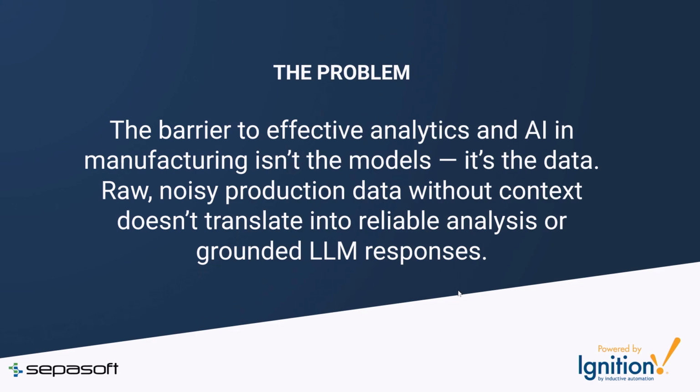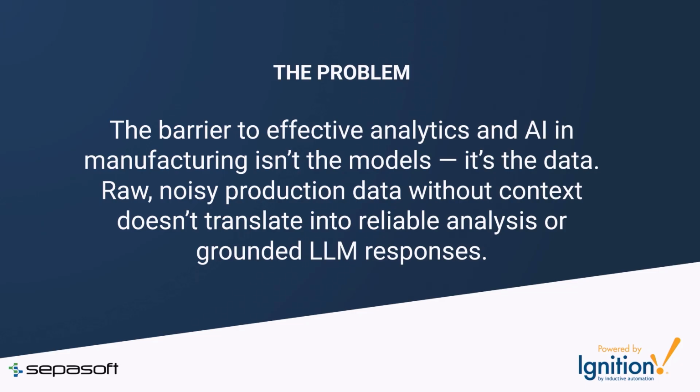Right. So one of the things that we have to do is identify the problem. And it's a really common problem right now. Everybody's interested in it, especially over the past 2 years. It's about being able to effectively leverage AI in manufacturing. And the problem really isn't the models and the maturity of the models, it's about the data.